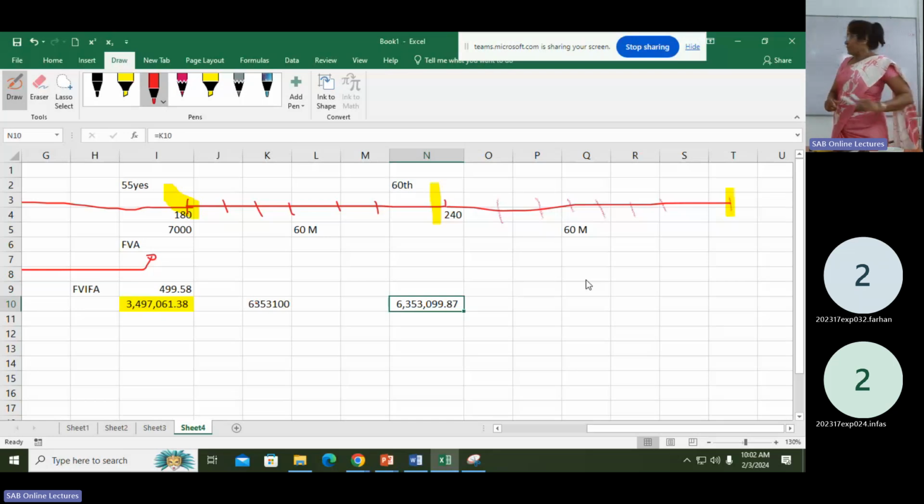So your monthly withdrawal should be equal to 6,353,099 equals monthly withdrawal, which is what we are going to find, times 1 minus 1.01 to the power minus 60, divided by r, which is 1%, multiplied by 1.01. So how much is your monthly withdrawal?